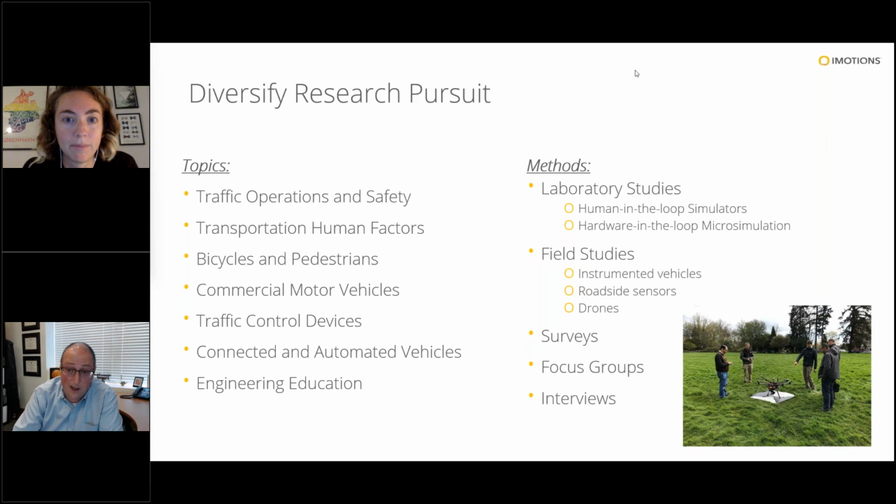In order to validate both of those laboratory experimentation types, we do lots of different field studies, some at the instrumented vehicle, pedestrian, or bicycle level, others with remote sensor systems at the roadside. And then over the last couple of years, we've moved into the application of drones in transportation research to great positive effect, in addition to surveys, focus groups, in-person interviews, and the like.